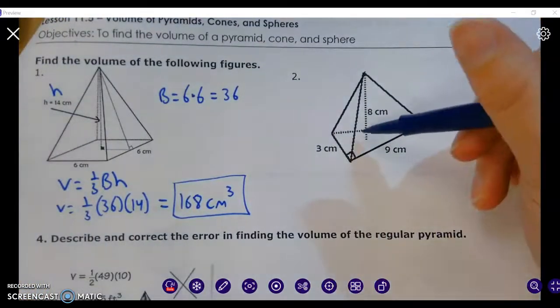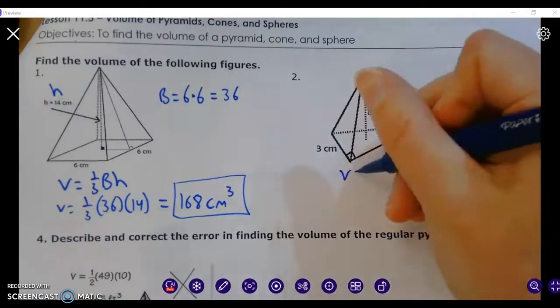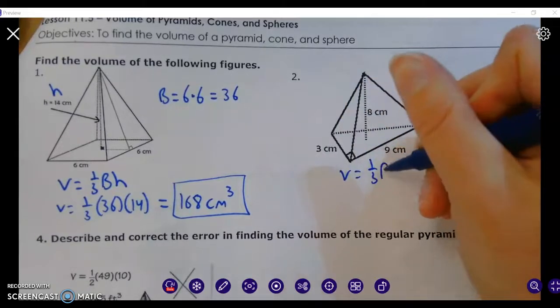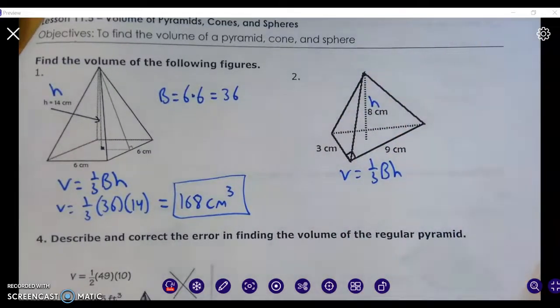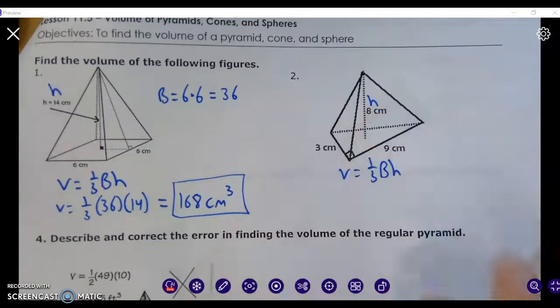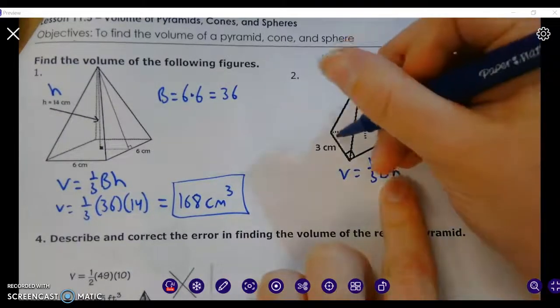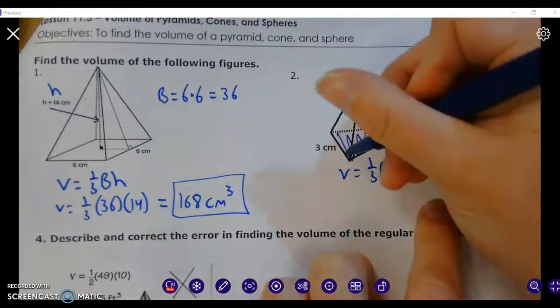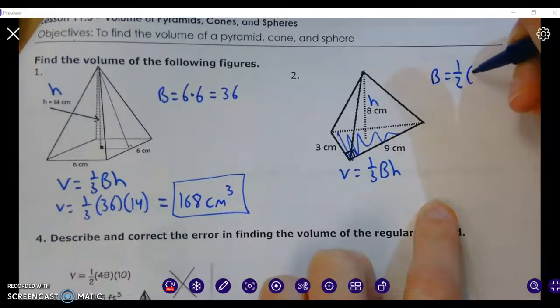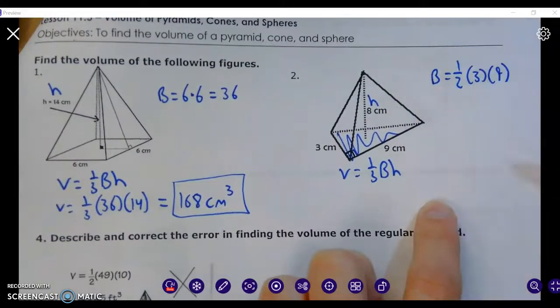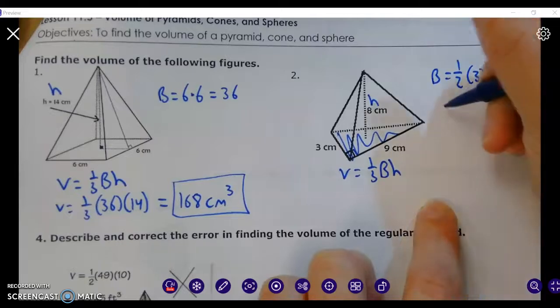Okay, let's try another one. So volume of a pyramid, 1/3 BH. So 8 is our height. So we already know that. And then our base is a triangle, and it is a right triangle. So we're going to have 1/2, 3 times 9 to find the area of that base.